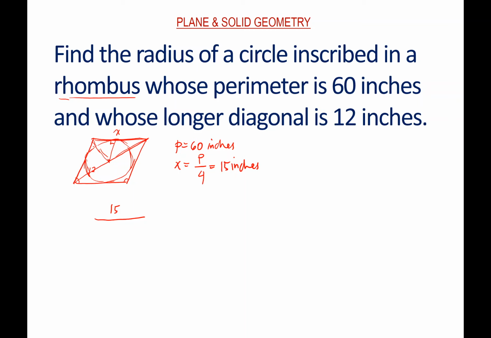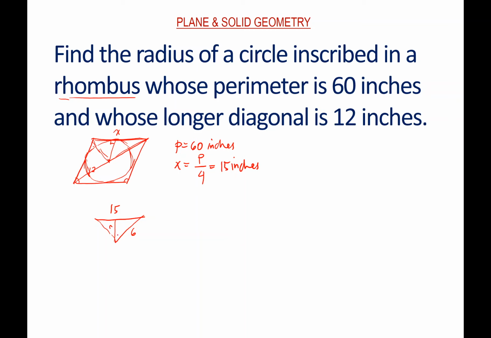So we can draw that one. Here, this is now 6 because 12 divided by 2 is 6. Then we don't know this side. And this is the R, the one we're looking for.